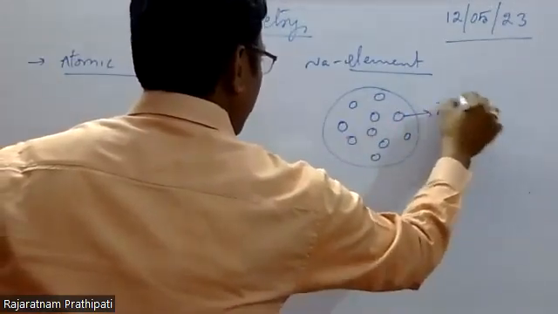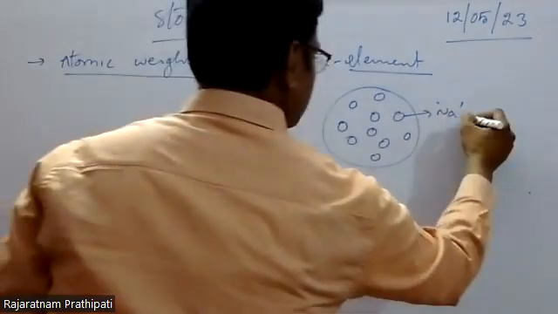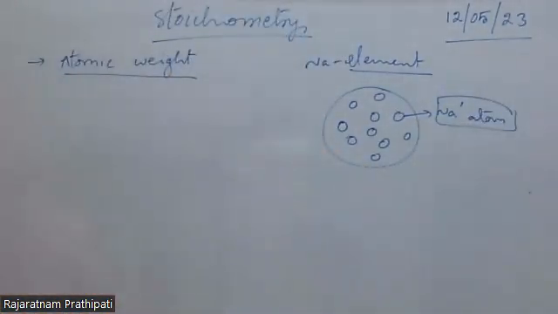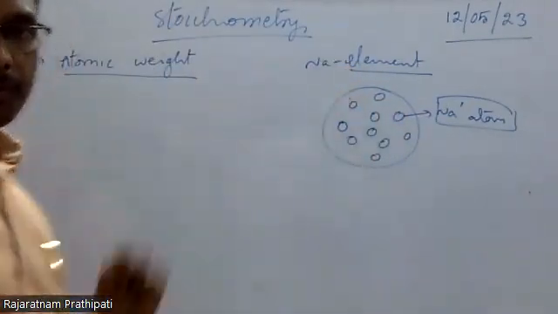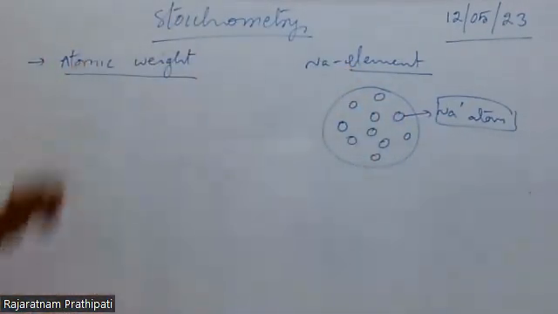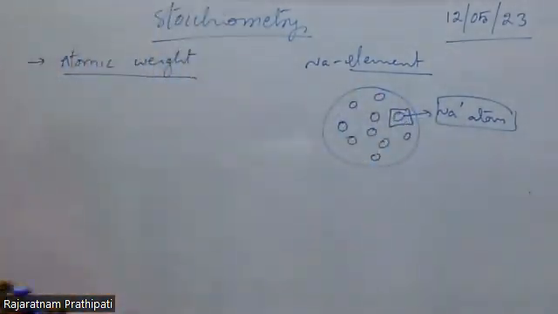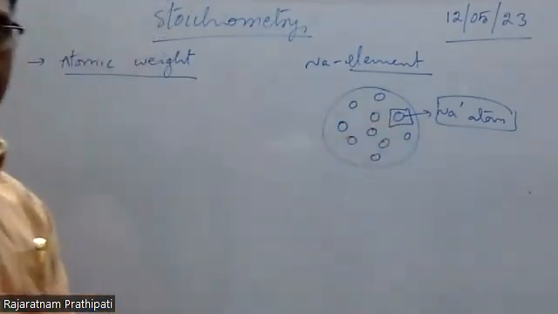This is one sodium atom, this is one sodium atom. A combination of sodium atoms is nothing but the sodium element. Here atomic weight is the weight of one individual atom.